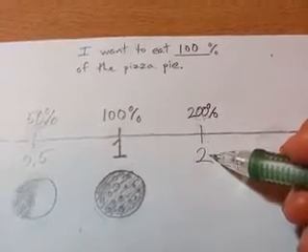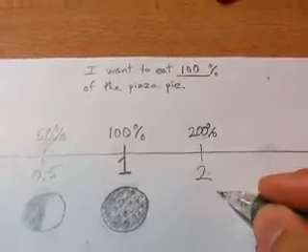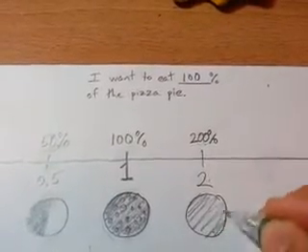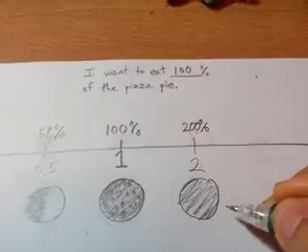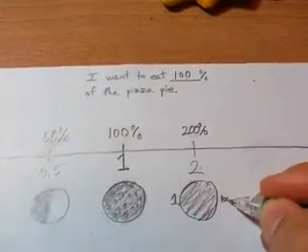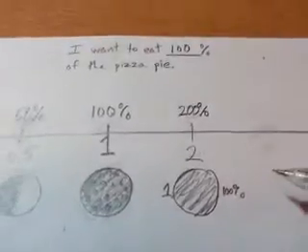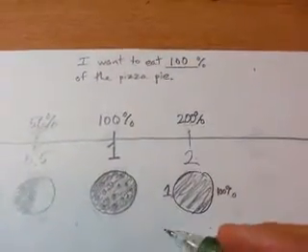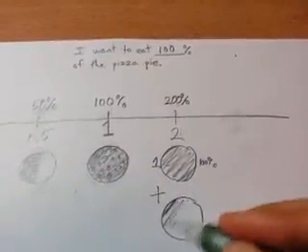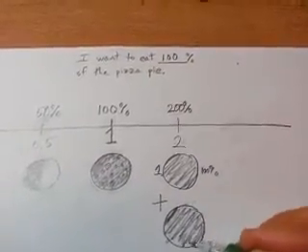Okay, so then that means I have 1 pizza here, right? That would be my 1, or my 100%. And then I also have to add another pizza, right?